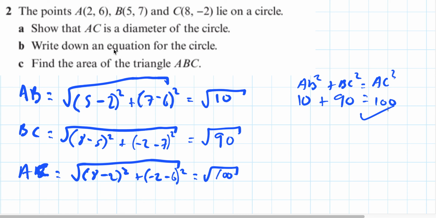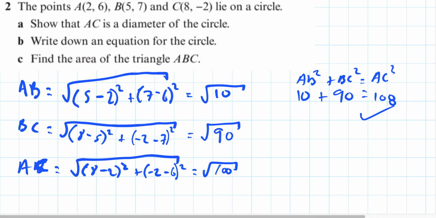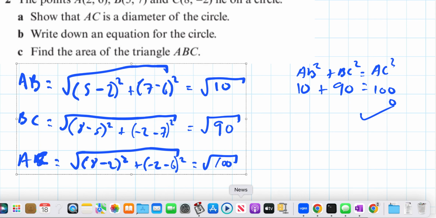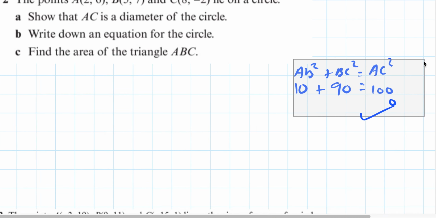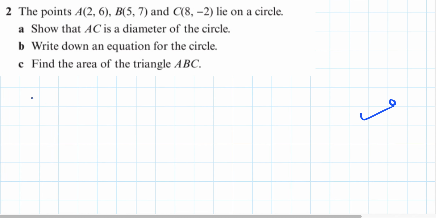So we already got the distance of AC, square root 100. So we're just going to divide that by 2 to get the radius. Okay, now let me get rid of all of this. So for number 2, write down the equation of the circle.